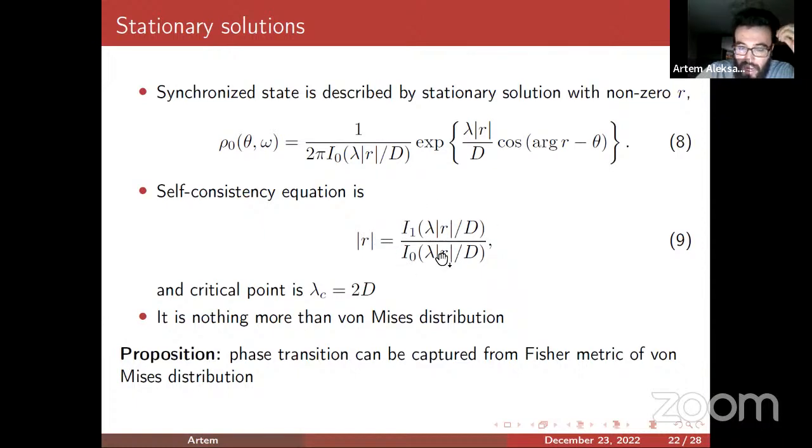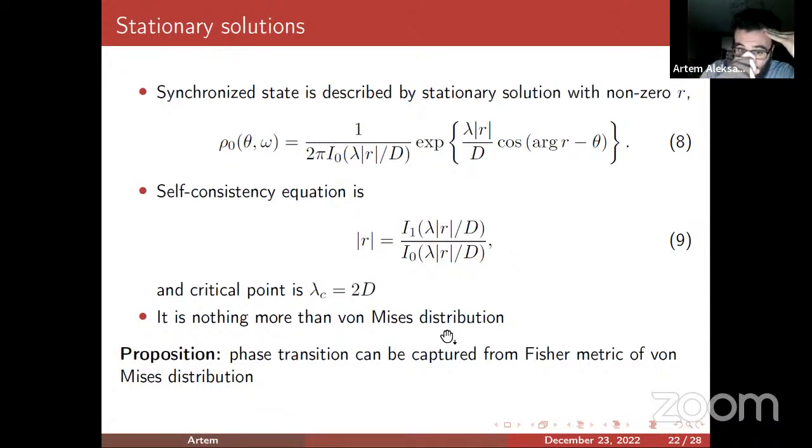And I'm interested in non-trivial solutions. So I'm interested in non-zero values of the order parameter, and I can see that non-zero values correspond to lambda larger than lambda critical, and lambda critical equals D. And one can notice that the stationary solution is nothing more than the von Mises distribution.